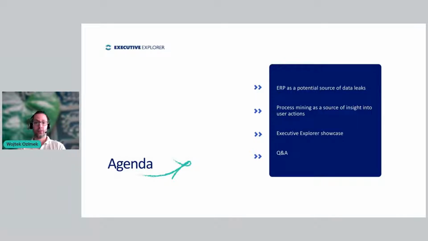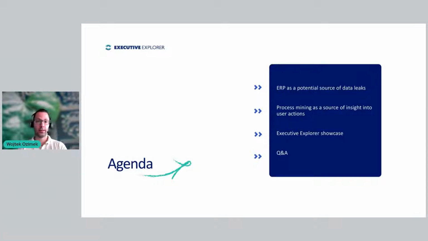So we'll talk first about ERP as a potential source of data leaks, right? So this is a very big ERP. Dynamics is a very big, complicated system. So it provides a lot of risks related to data leaks, related to data breaches, related to segregation of duties, if you know the term.